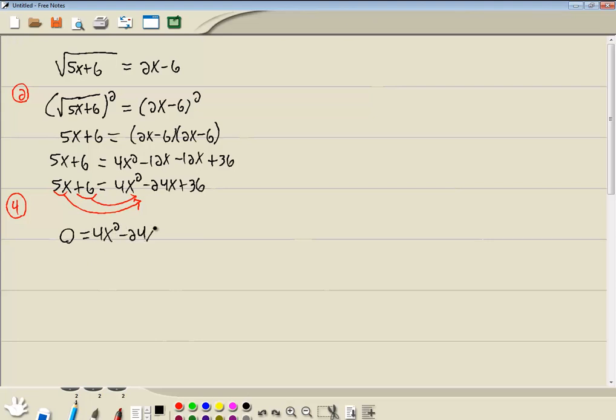When you take anything across equals, the sign changes. The 5x becomes a negative 5x. The positive 6 becomes a negative 6. Combining the like terms, negative 24x minus 5x is negative 29x. 36 minus 6 is 30.